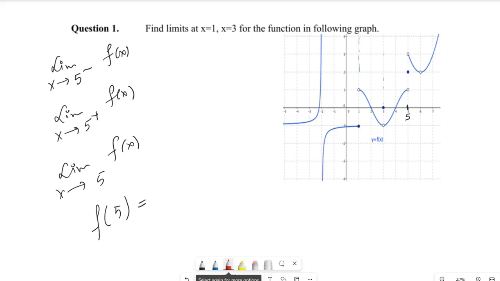At 5, when x approaches 5 from the left, the function approaches 1. If x approaches 5 from the right hand side, the function is approaching where? 3. Again, there's a hole, we get that, but we are not saying the function's value is there. We are saying the function is reaching 3.